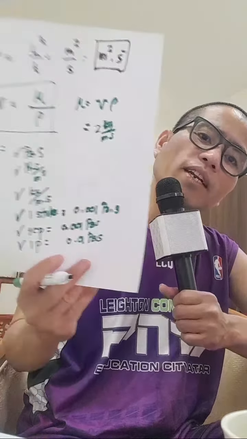Our density, in kilogram per cubic meter, will always agree, and our density is 1,000 kilogram per cubic meter. So mu is equal to kinematic viscosity times density.